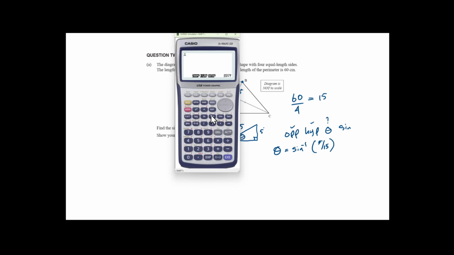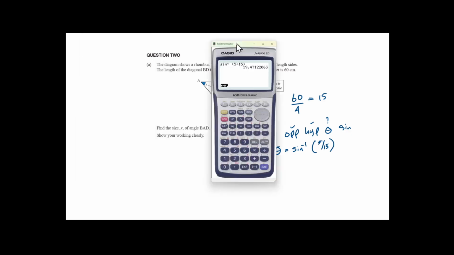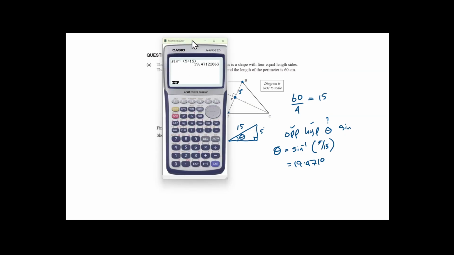So shift sine -1, 5 divided by 15, so 1/3, equals 19.471 degrees, and x is going to be 2 times theta, so I'm going to multiply that by 2, so 38.942 degrees.